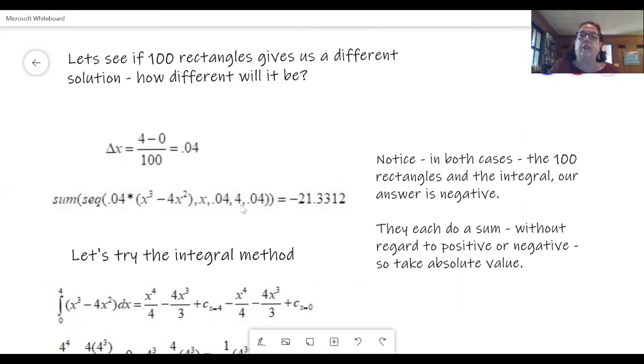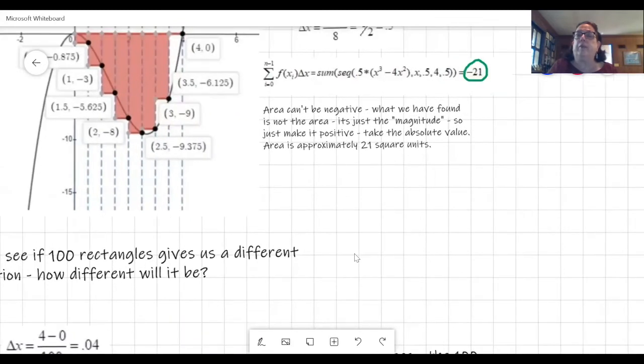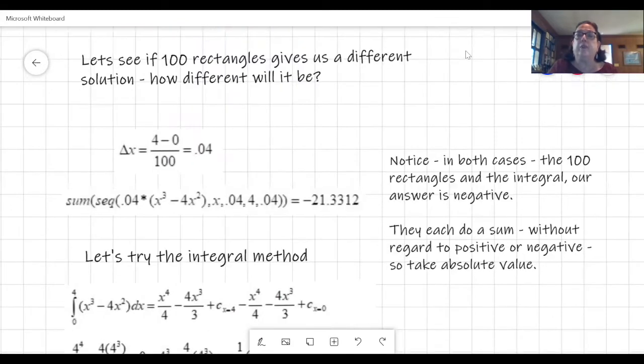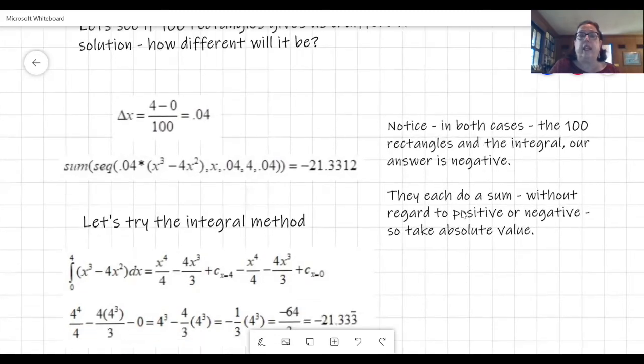The last x value is still 4. And notice we get very little change with 100 rectangles in this case. We get negative 21.3312. That's very close to the negative 21 we got before. So here's a case where going from 8 to 100 rectangles didn't improve our estimate all that much. Notice though, of course, it's still negative.